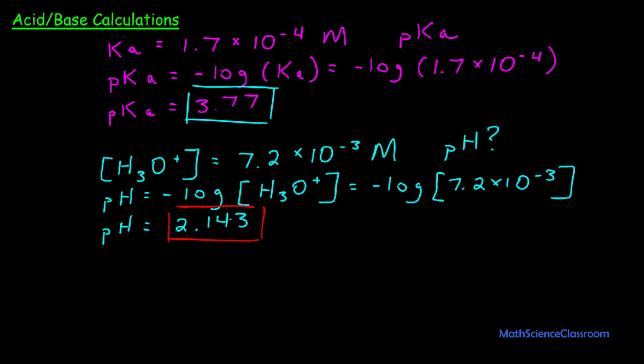Okay. Let's do another. So we are given a pKa of 3.23. What is the Ka? How do we calculate the Ka? So let's think about this.